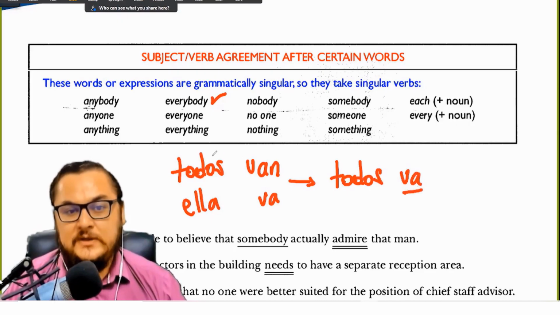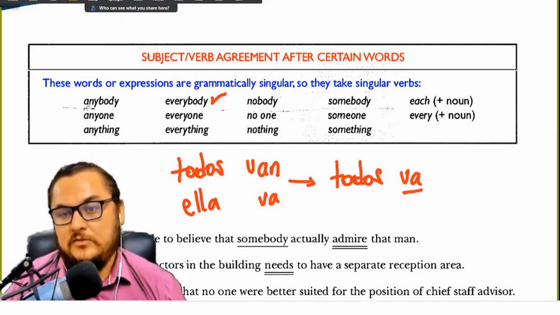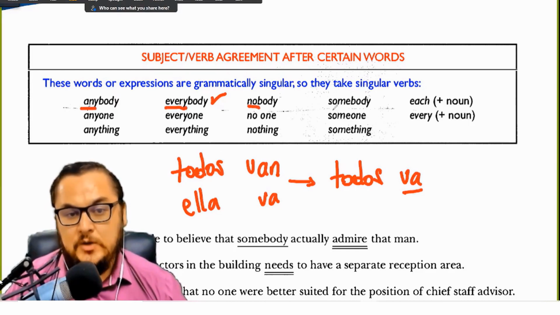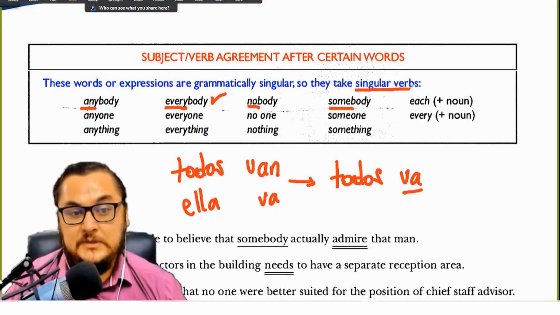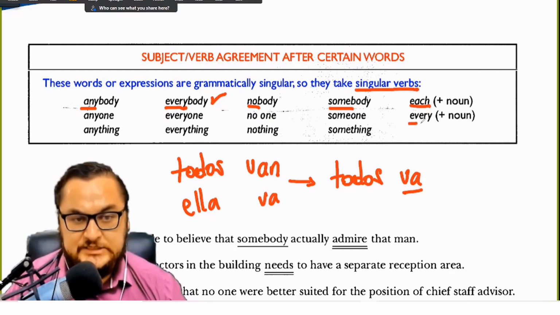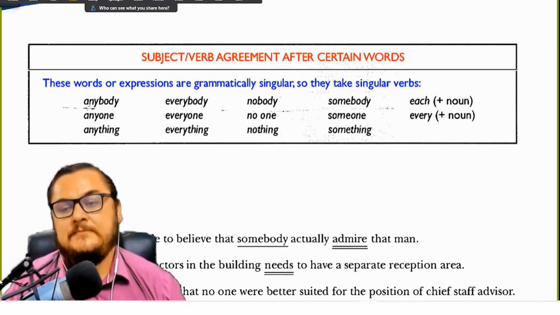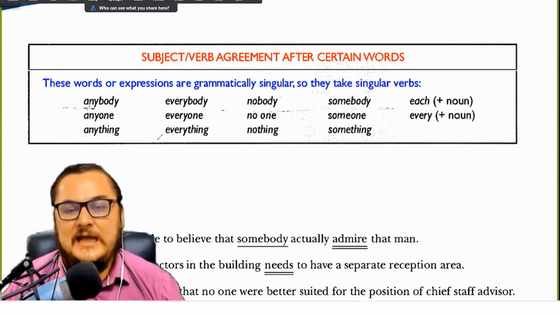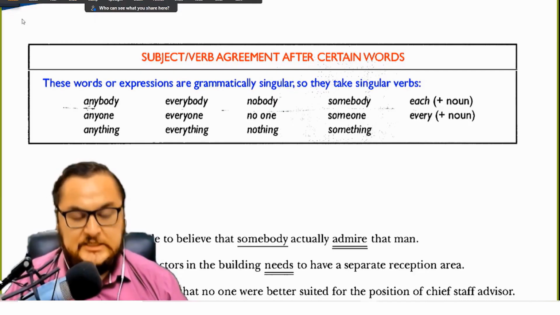But it is the rule that all compound words with any, every, no, and some will have a singular verb, a third-person verb. We added the concepts of each and every. So, all these words, although they appear to be plural, will have a singular verb.